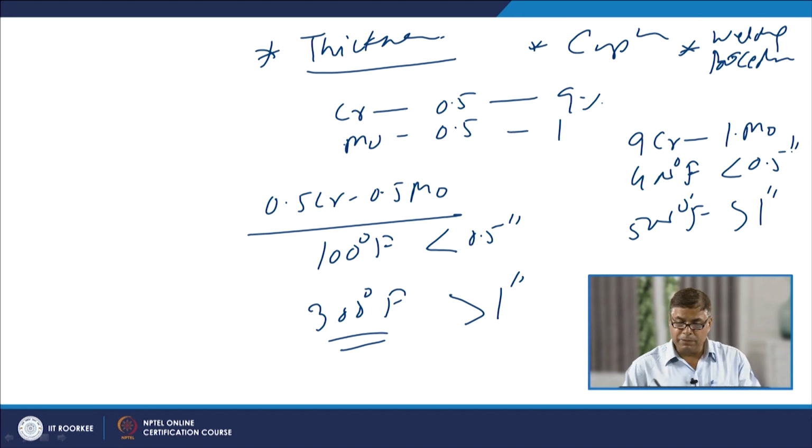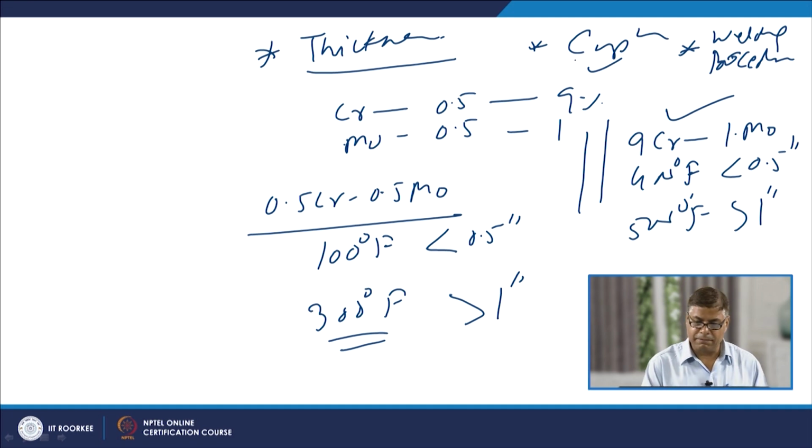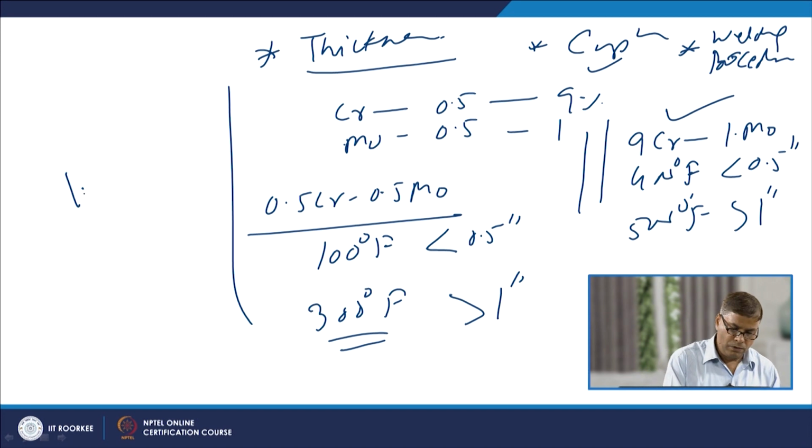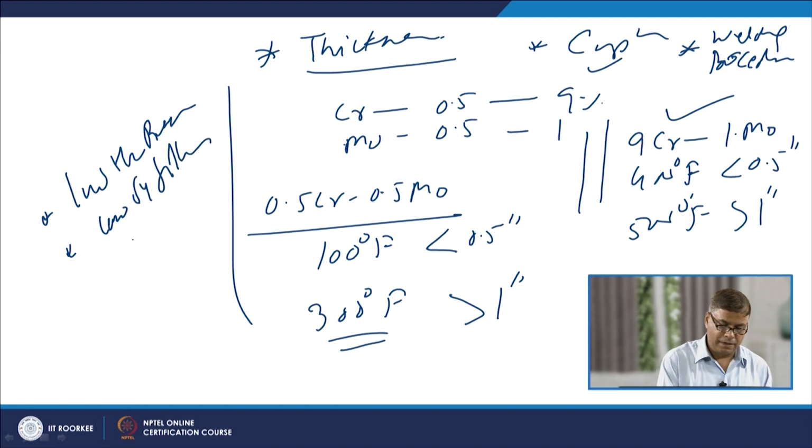So, the kind of preheat temperature to be used will be significantly influenced by the composition and the heat treatment. At the same time, the lower preheat temperature values can be used using the low hydrogen procedures, or when the low yield strength fillers are used, like AISI 310 or AISI 309.